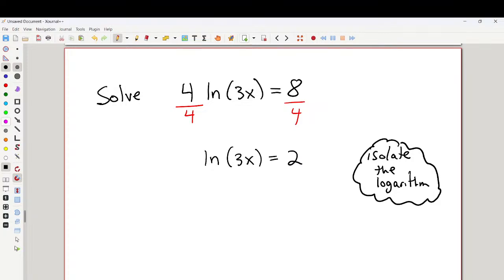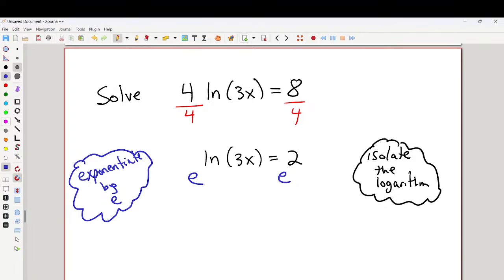So we're going to exponentiate by e. This and this cancel out. We have 3x equals e squared. Then we divide by 3.